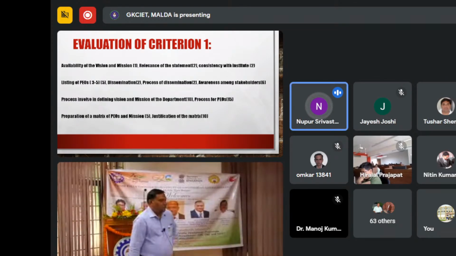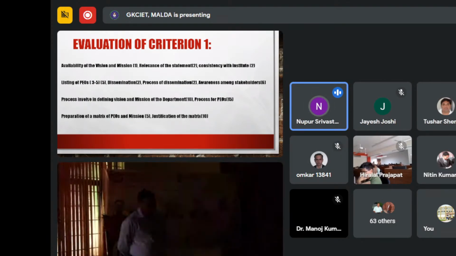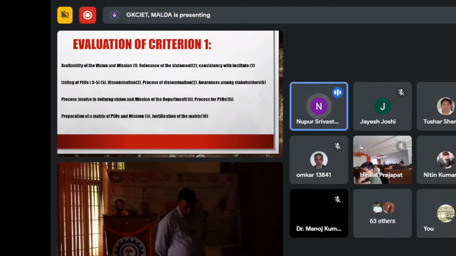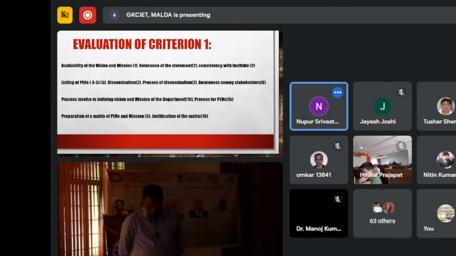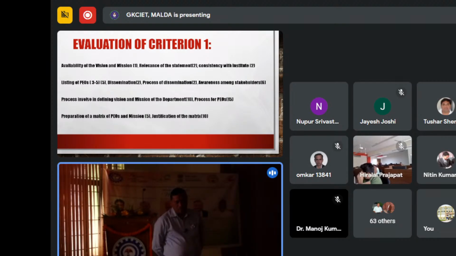Sir, while explaining the dissemination and awareness among the stakeholders, both of these things, dissemination has 2 marks and awareness among stakeholders has 6 marks. So you said that in both these things, the students, faculty and staff, they will be questioned regarding the vision, mission and other statements. Yes, it is awareness. Dissemination is the record through which you have disseminated this particular information.